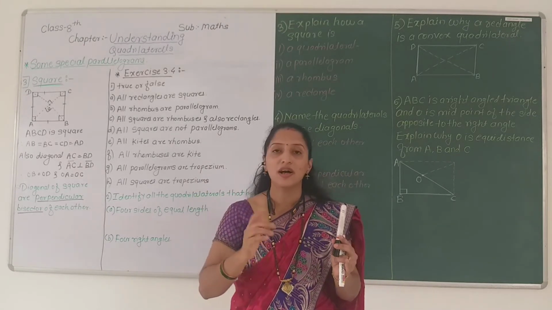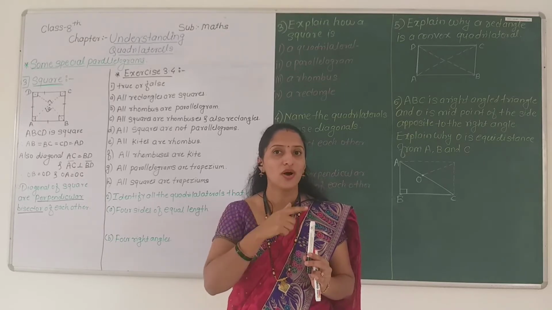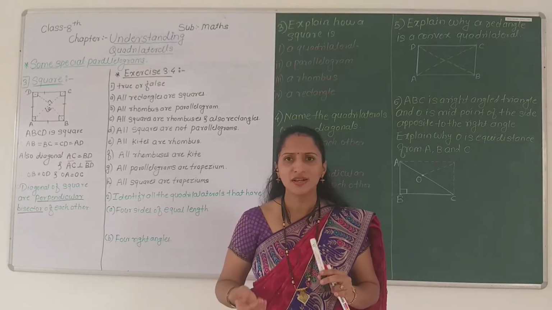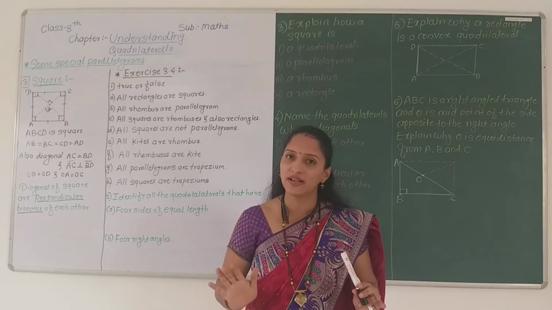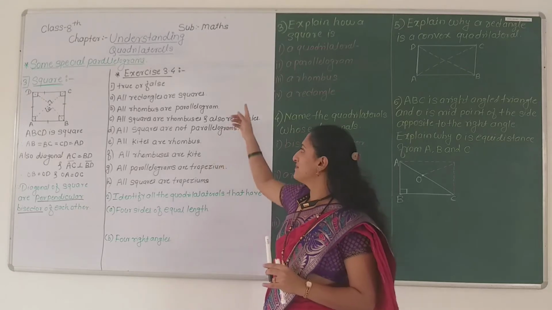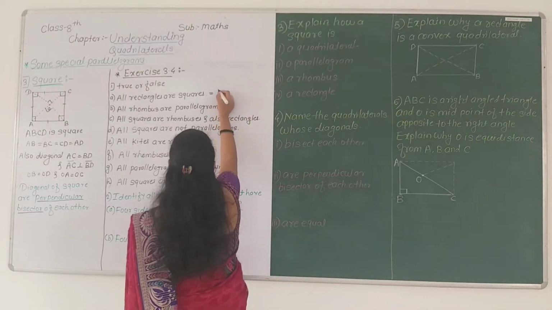In a rectangle only opposite sides are equal, but in squares all sides are equal. So is the rectangle a square? No, since all sides of a rectangle are not equal, so rectangles are not squares. So this statement is false.